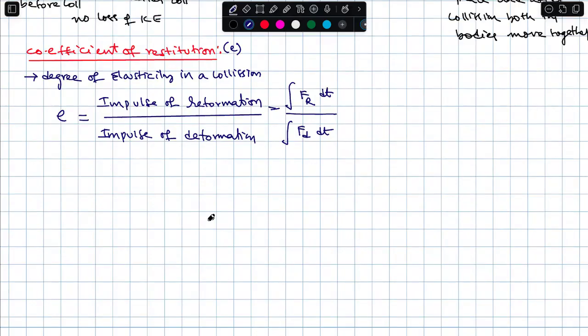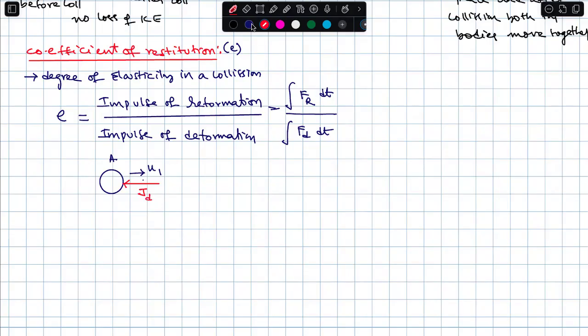And another aspect is also there. So how do I know impulse of reformation or impulse? For example, you take A as one body. Initially, it is moving with velocity u1. Now, this is experiencing an impulse of deformation.